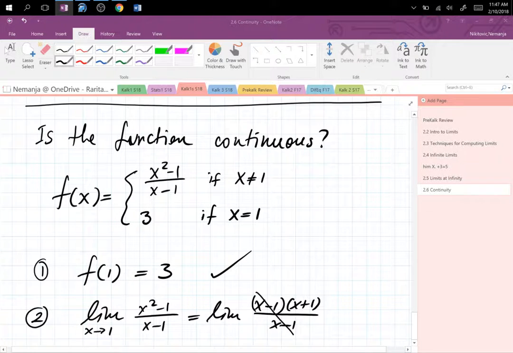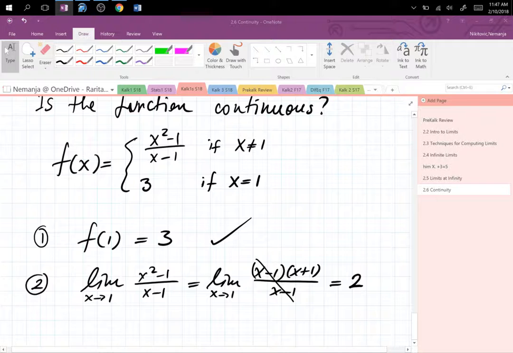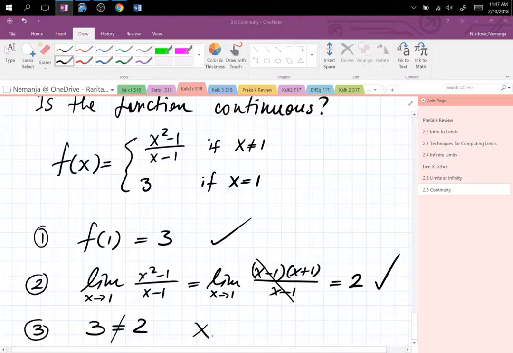This dies, and the limit is as x goes to 1, so we have 1 plus 1 is 2. Pass rule number 1. Pass rule number 2. Rule number 3. 3 is not equal to 2. Not continuous at x equals 1.